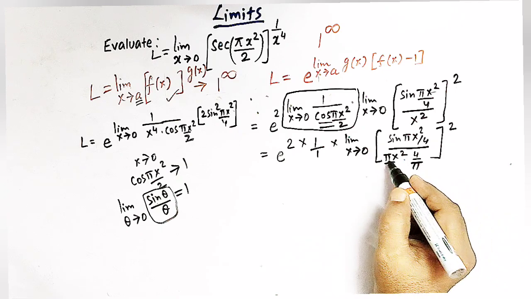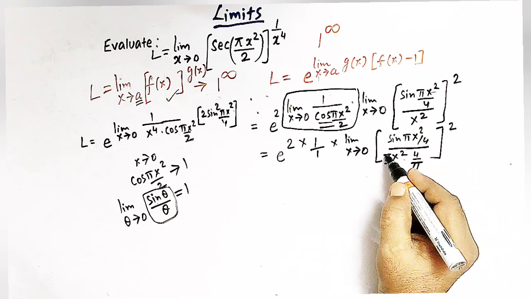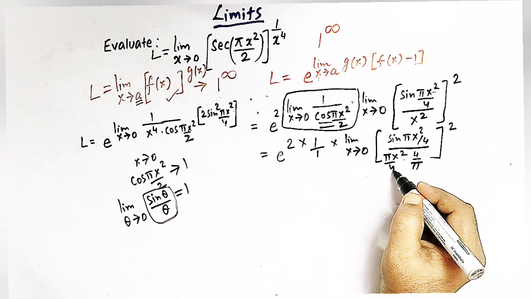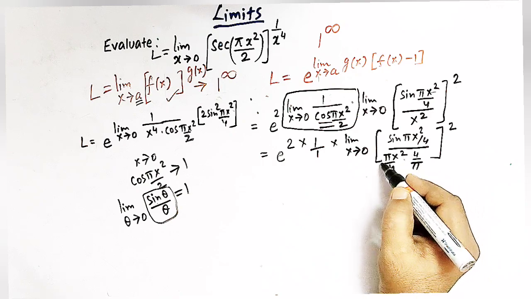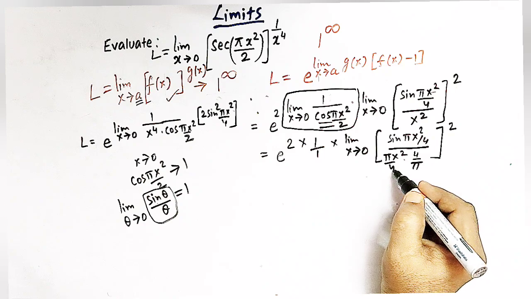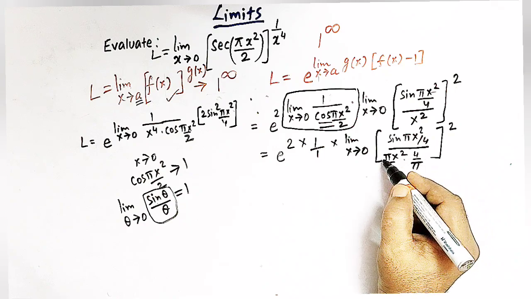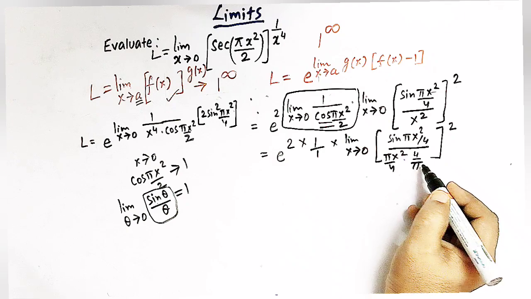So we have here introduced the factor pi by 4, and to eliminate this pi by 4 we have multiplied this term pi x square over 4 with 4 over pi, so that 4 and 4 get cancelled, pi and pi also get cancelled, right?